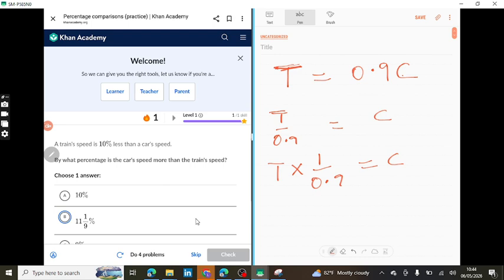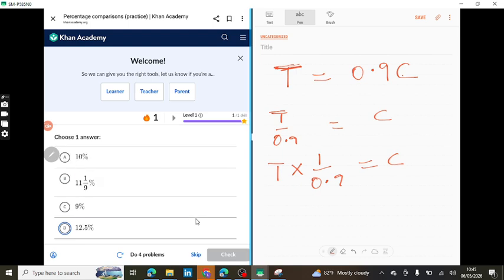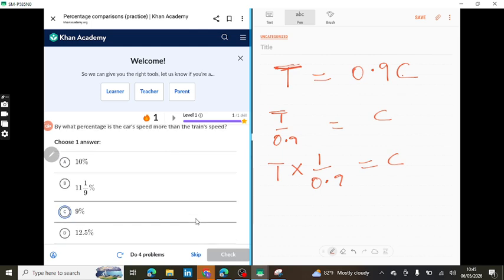Do you agree with me? What is 1 divided by 0.9? 1.111.